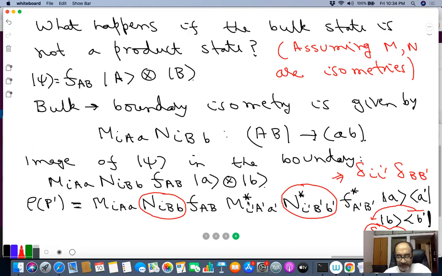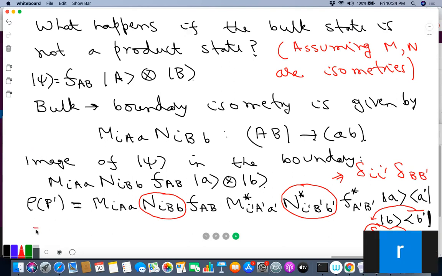So you should think about a matrix whose first index is B, second index is I B. Because the first index is B, and when you think of the N dagger, the second index is B. So the second index of N dagger gets contracted to the first index of N. That's N dagger N. I think for M we'll do it explicitly in the next slide.